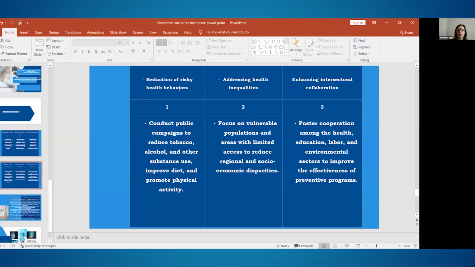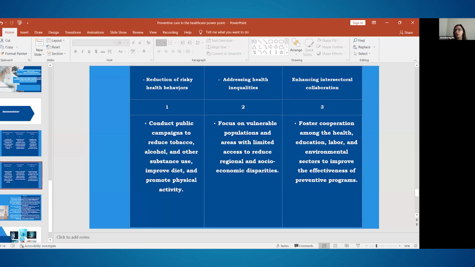Fourth, reduction of risk behaviors: conduct public campaigns to reduce tobacco, alcohol, and other substance abuse, improve diet, and promote physical activity.